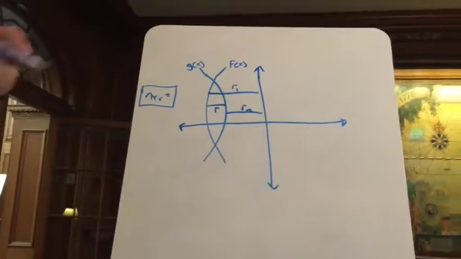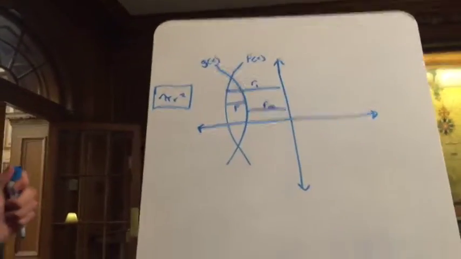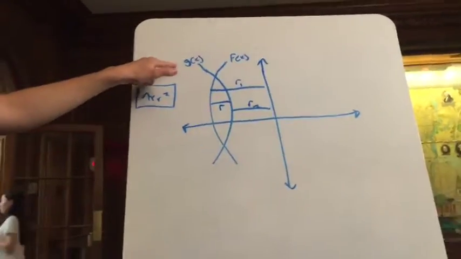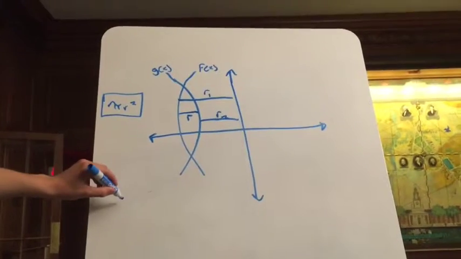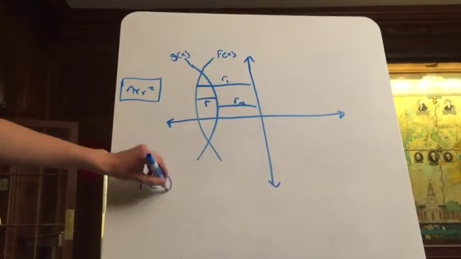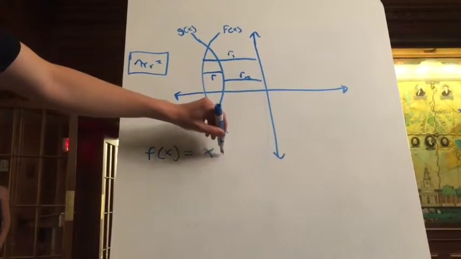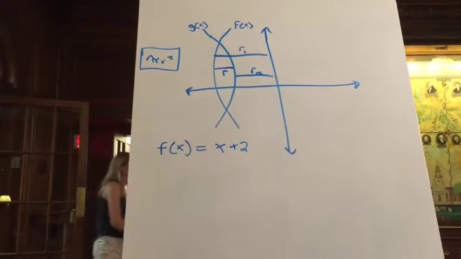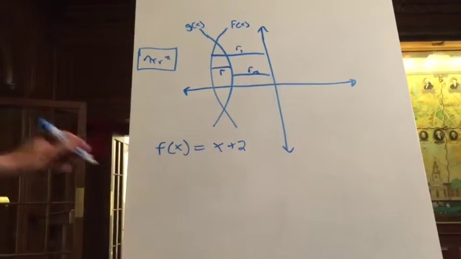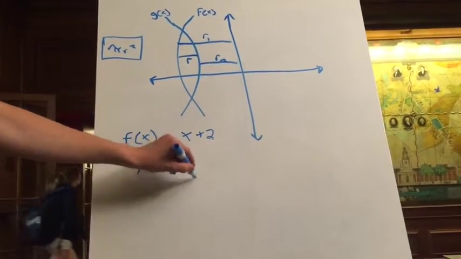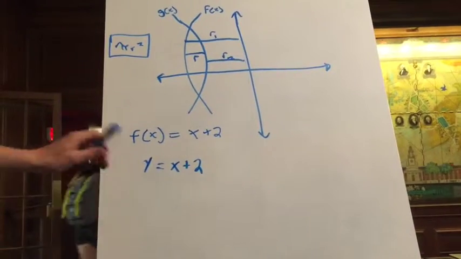So to find this distance, we will need to put these equations in terms of y as opposed to in terms of x. So for example, if f of x were to equal x plus 2, we would need to put that in terms of y by simply saying y equals x plus 2, because these are the same thing.